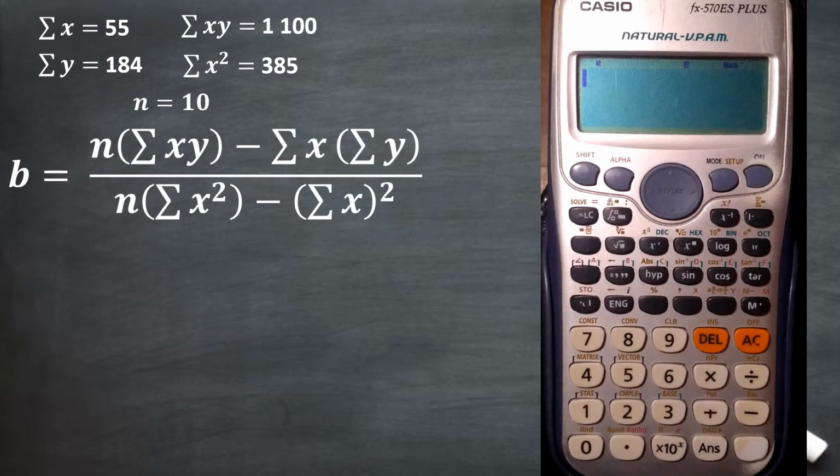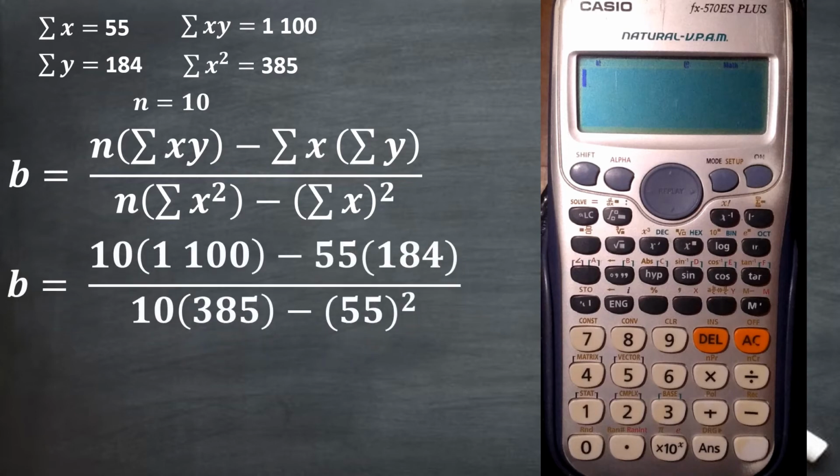We have to solve for the value of B. So here's the formula for B or the slope. Substituting, we'll have 10 multiplied by 1,100 minus 55 multiplied by 184 all over 10 times 385 minus 55 squared.